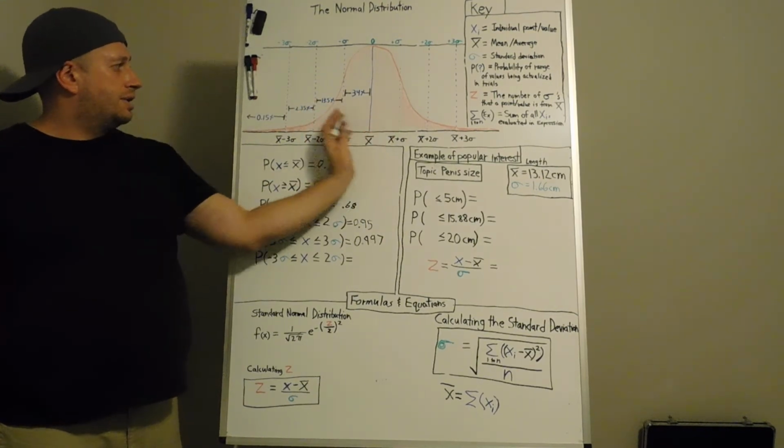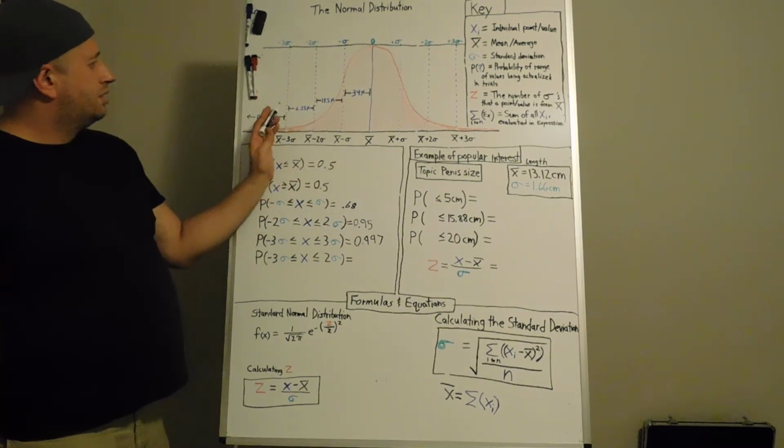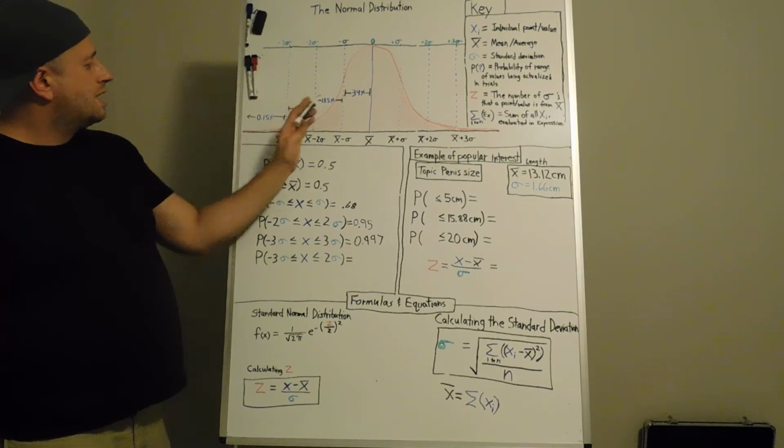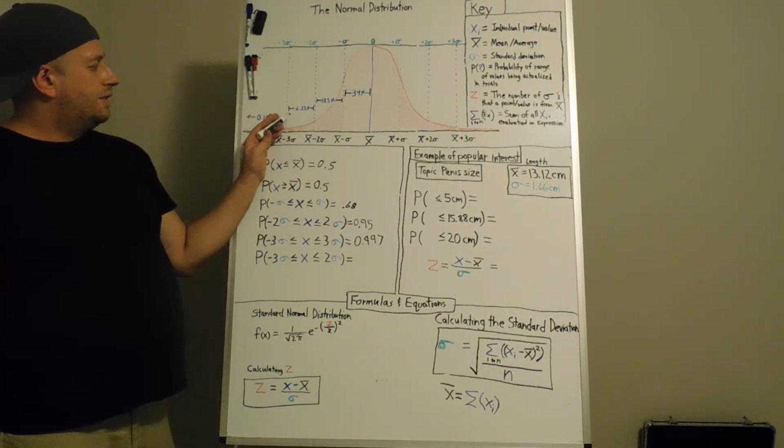And then on this side, it's going to be these two added. This is 47.5, and then you add 2.35, so that's 49.85.